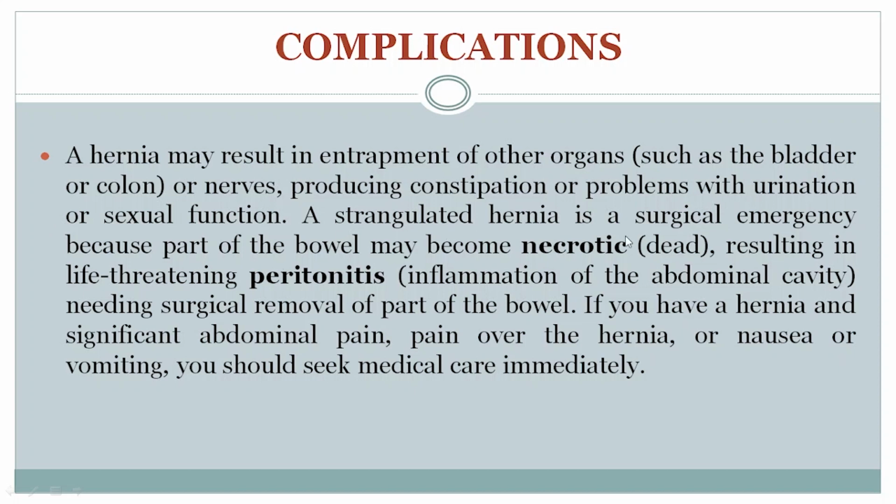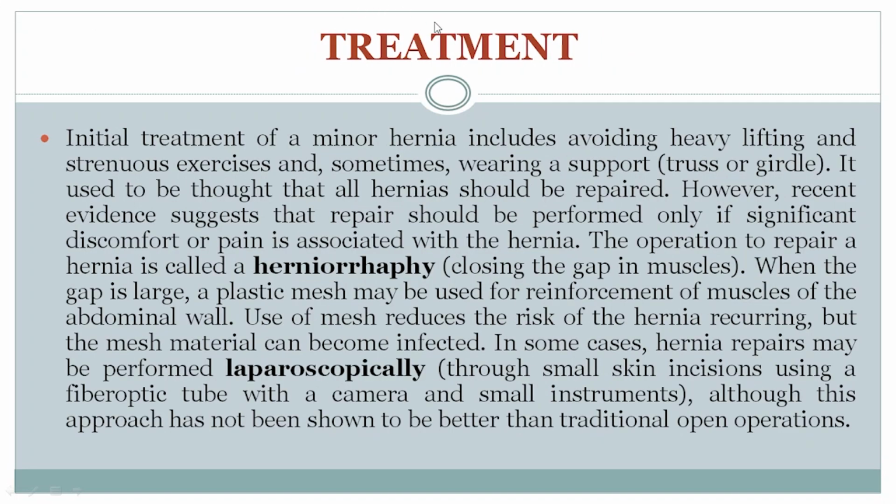A strangulated hernia is a surgical emergency because part of the bowel may become necrotic due to insufficient blood supply, resulting in life-threatening peritonitis, inflammation of the abdominal cavity, needing surgical removal of part of the bowel. If you have a hernia and significant abdominal pain over the hernia, or nausea or vomiting, you should seek medical care immediately.